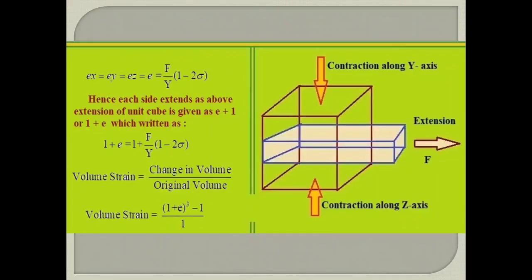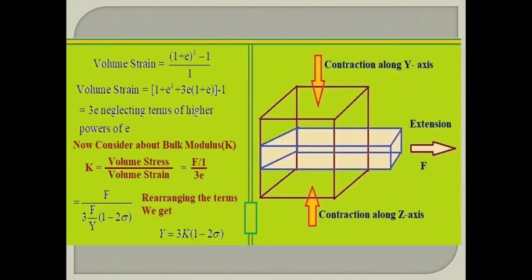Expanding, 1 plus E cubed is 1 plus thrice E plus higher terms, minus 1, which is equal to thrice E, neglecting terms of higher powers of E.